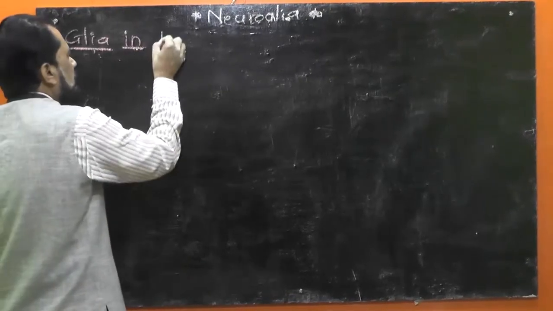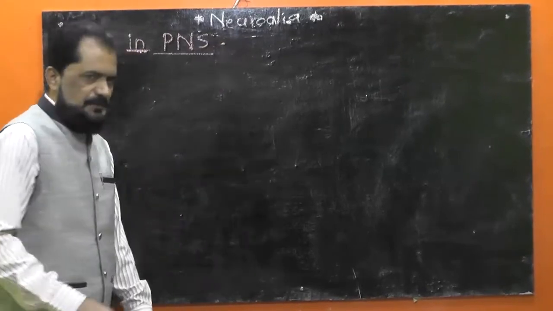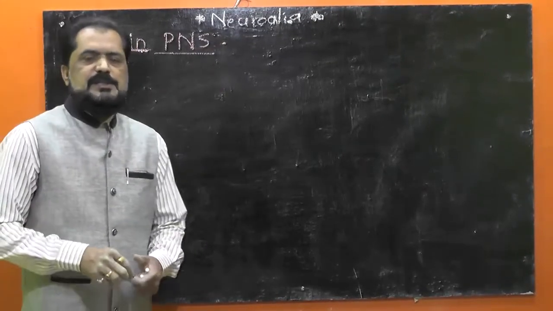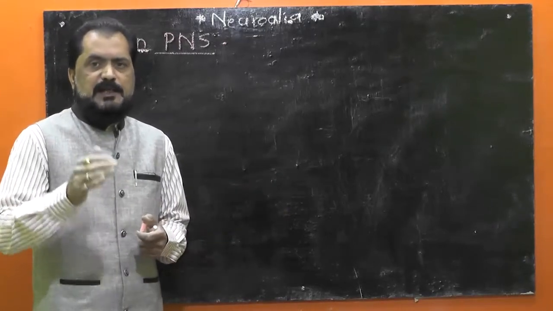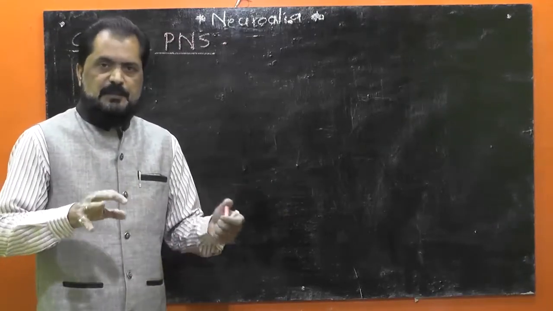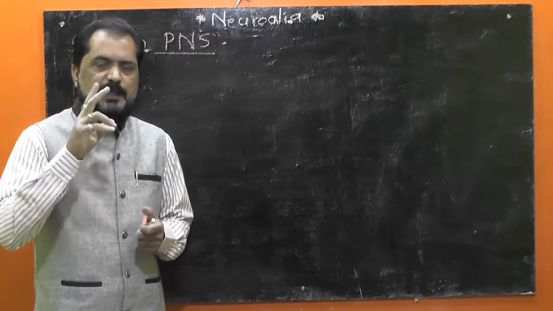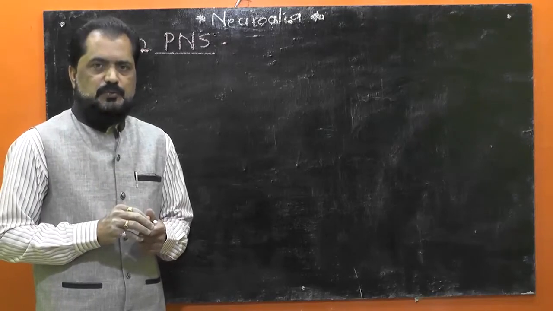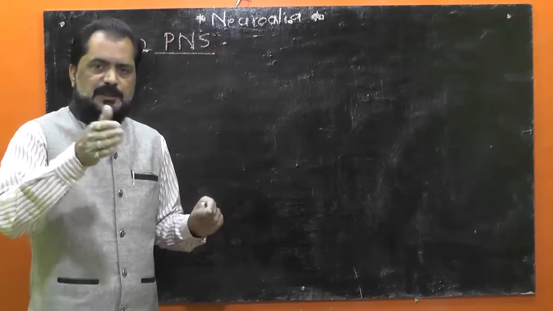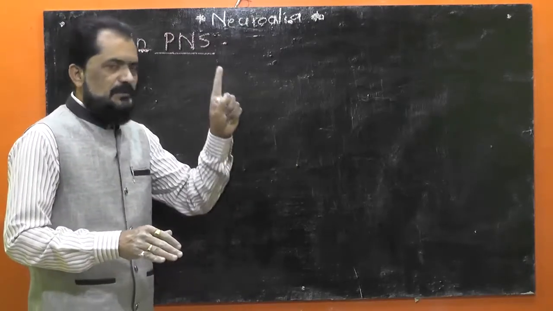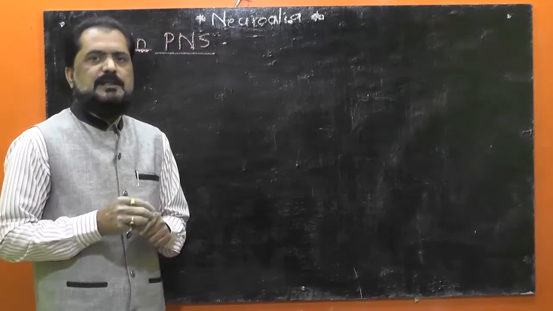Glia in peripheral nervous system. What is peripheral nervous system? Peripheral nervous system includes the nerves originating from brain and spinal cord. आपल्या सगळ्यांना माहिती आहे की सेंट्रल नर्वस सिस्टीम, मध्यवर्ती चेतासंस्थेमध्ये ब्रेन आणि स्पायनल कॉर्ड यांचा समावेश होतो आणि ब्रेन आणि स्पायनल कॉर्ड पासून उगम पावणारे जे चेता आहेत त्यांचा समावेश पेरिफेरल नर्वस सिस्टीम मध्ये केला जातो, about which we shall talk later on once again in detail.